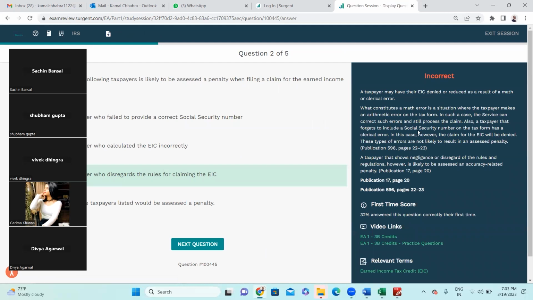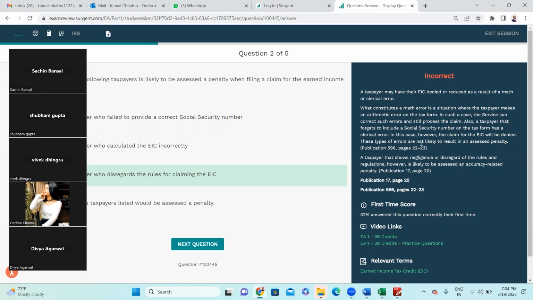So a taxpayer may have their EIC denied or reduced as a result of a math or clerical error. A math error is a situation where the taxpayer makes an arithmetic error on the tax form. In such a case, the service can correct the error and still process the claim. Also, a taxpayer who forgets to include the social security number on the tax form has made a clerical error. In this case, however, the claim of EIC will be denied.